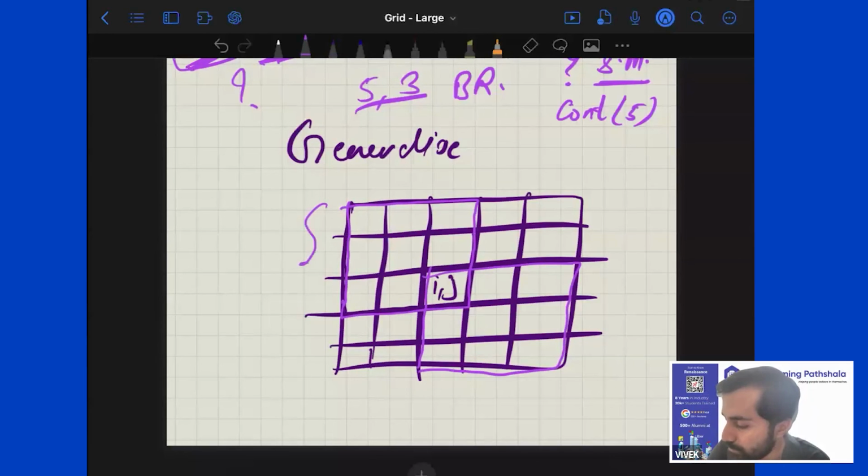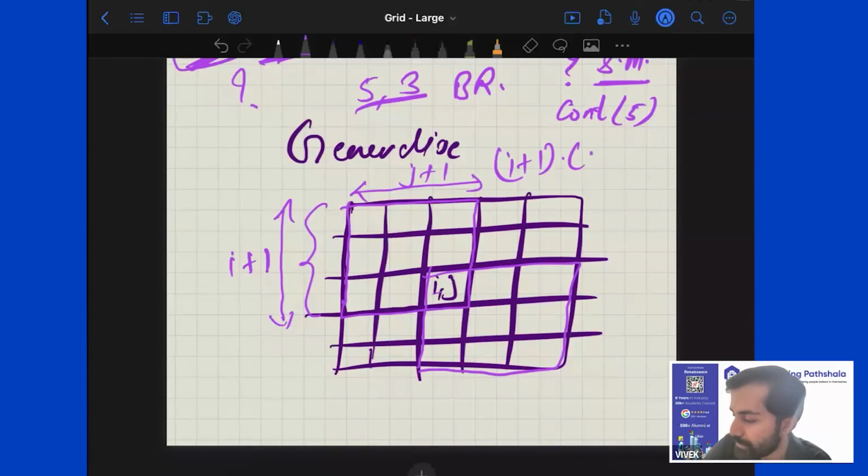How many cells do you have in this part? If this is i comma j, then what will be the length of this? Considering it starts from 0, the length of this will be i plus 1. And what will be the breadth of this? j plus 1. So the number of cells in this will be i plus 1 multiplied by j plus 1. Do you understand this thing, everyone?